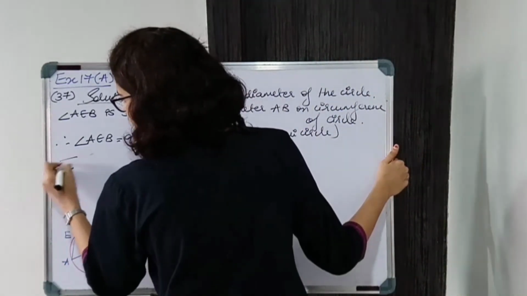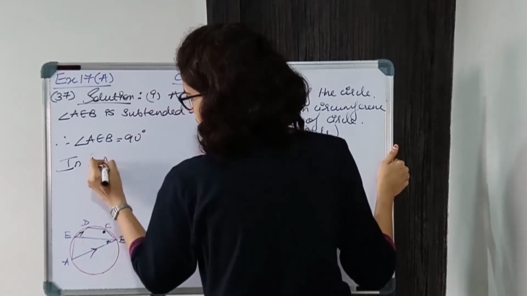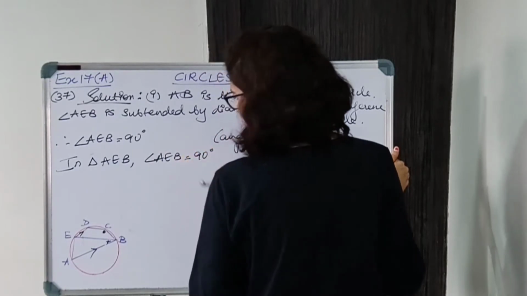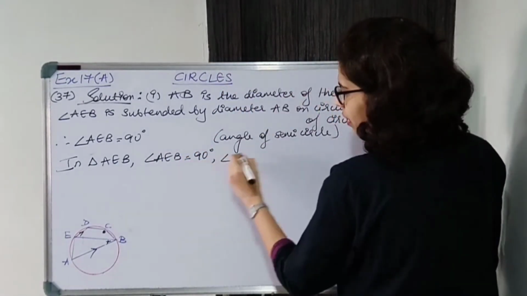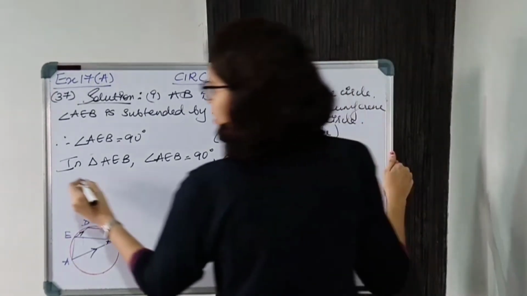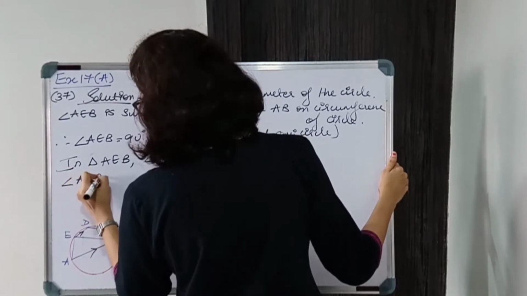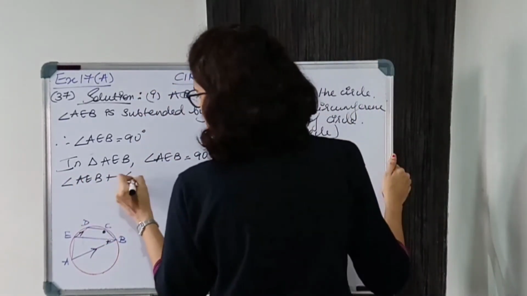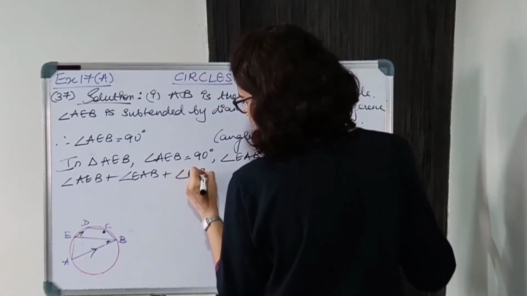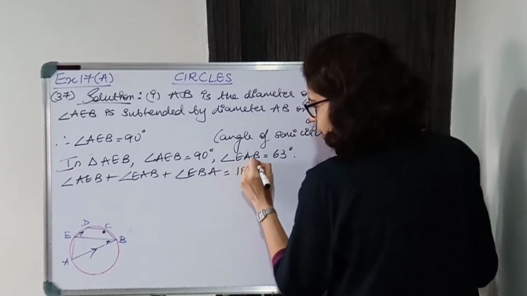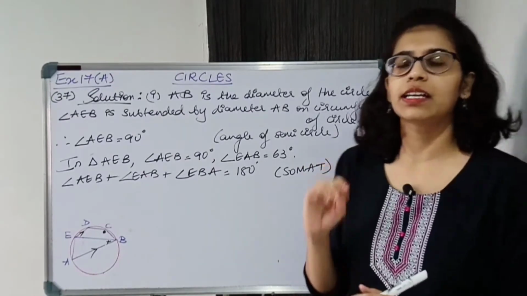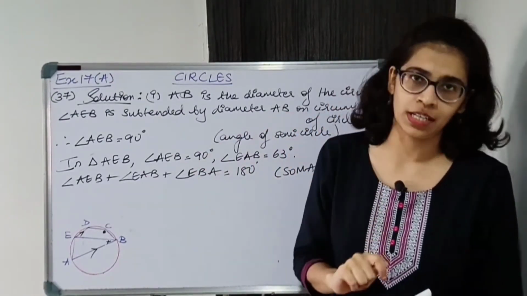So in triangle AEB, angle AEB is 90 degrees, angle EAB is equal to 63 degrees. Now using the property of triangle, angle AEB plus angle EAB plus angle EBA, the angle that we have to find, is equal to 180 degrees. Property, you have to write down full reason. Sum of measures of angles of a triangle is 180 degrees.